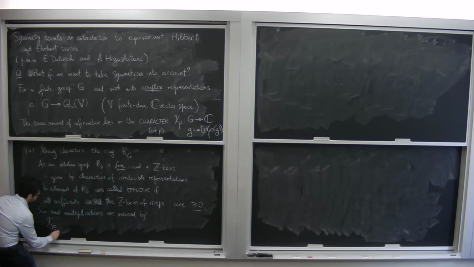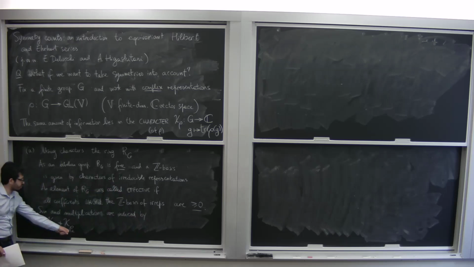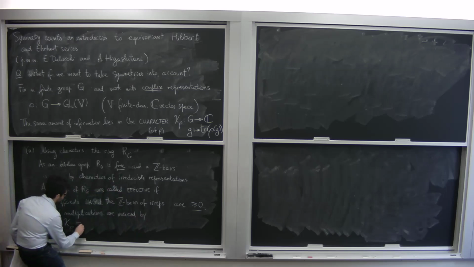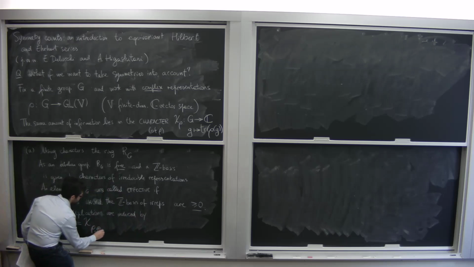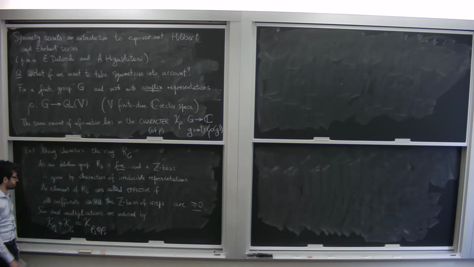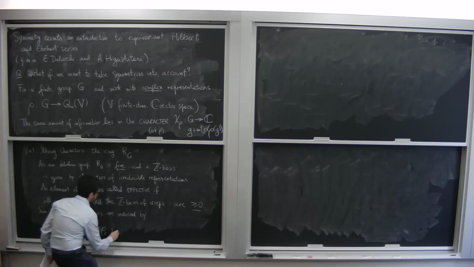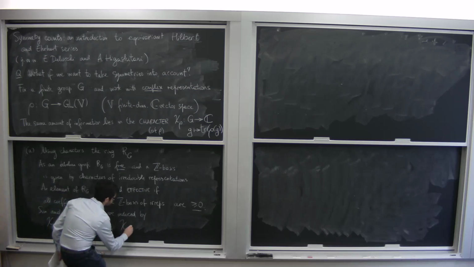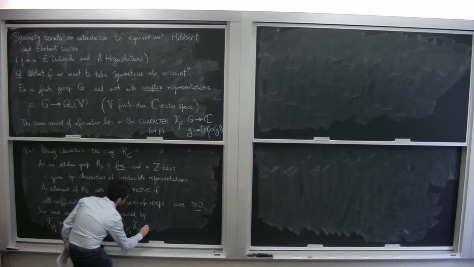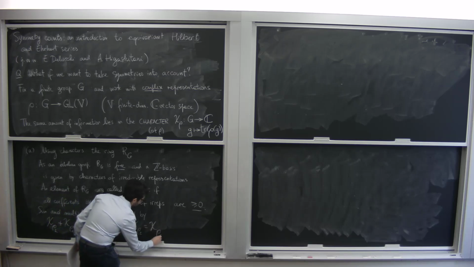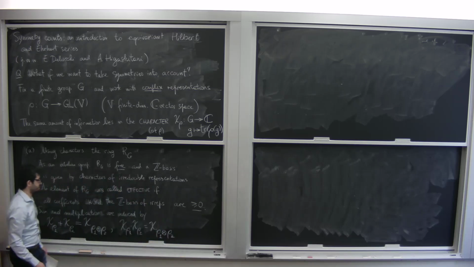If I have two actual characters, the sum is going to correspond to the character of the representation that I get by taking a direct sum. And as for the product, I'm going to have the character corresponding to the tensor product of representations.